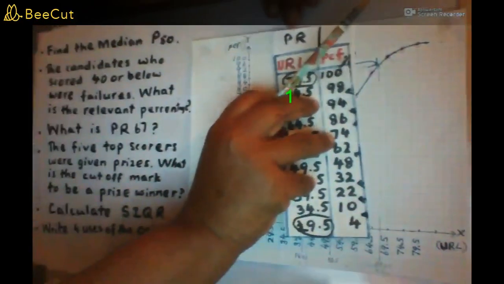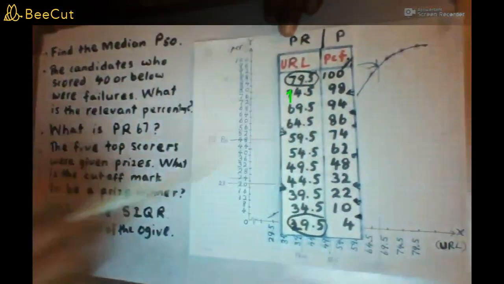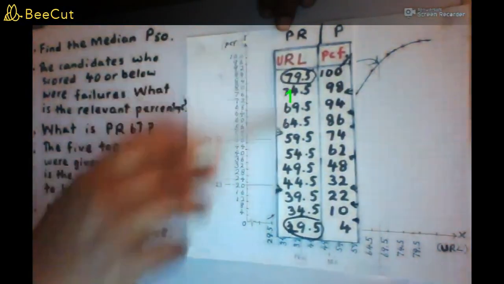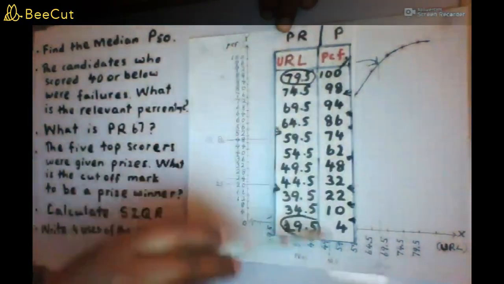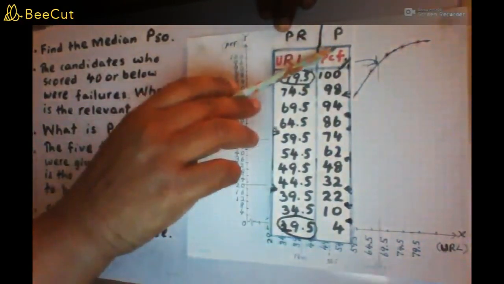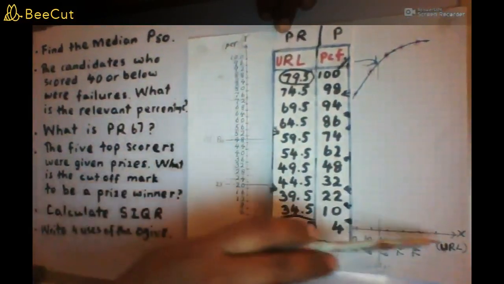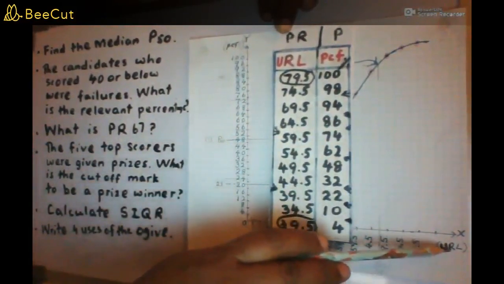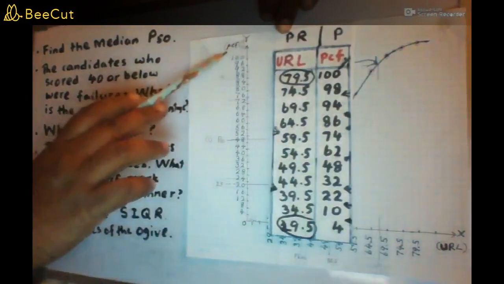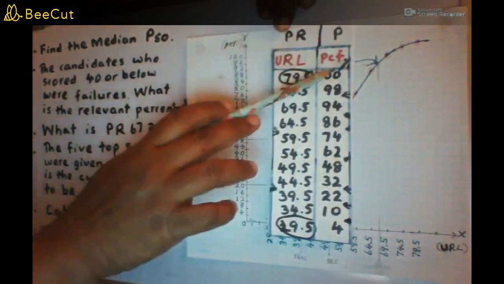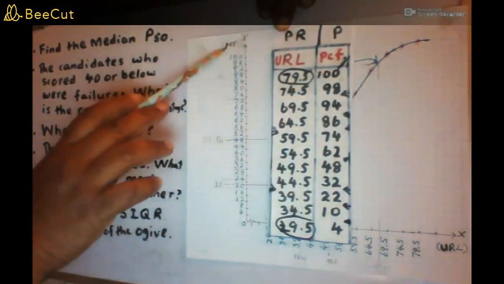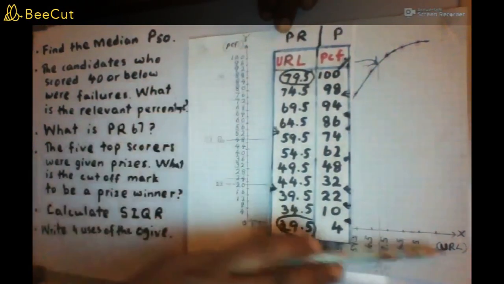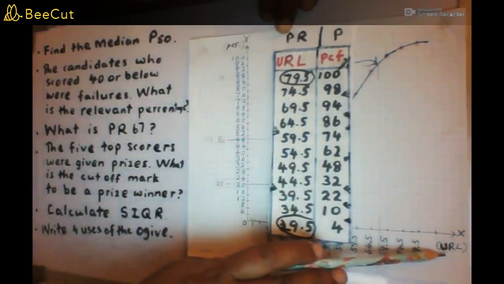In it, we got upper real limits as PRs and percentages as P's, right? Similarly, when we draw this Ogive, we take upper real limits on the x-axis and PCF on the y-axis.